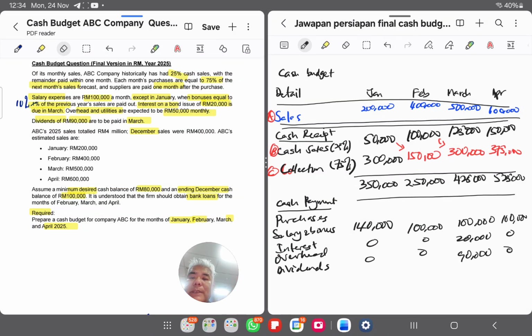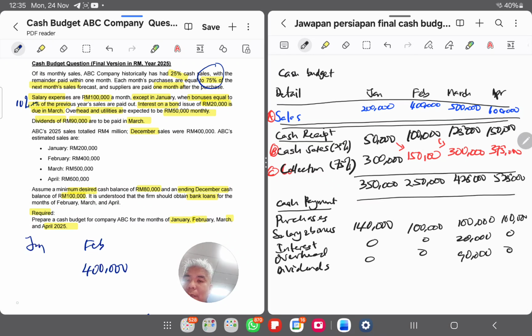Purchase is 75% of the next month's sales forecast. For example, for January, sales for January is 400,000 and February is 400,000.